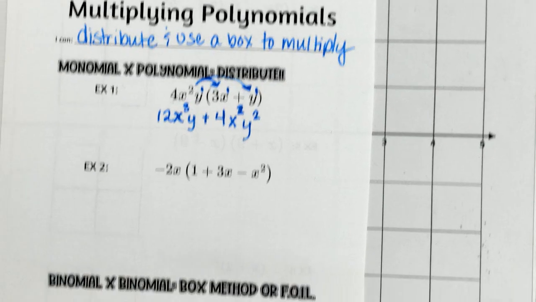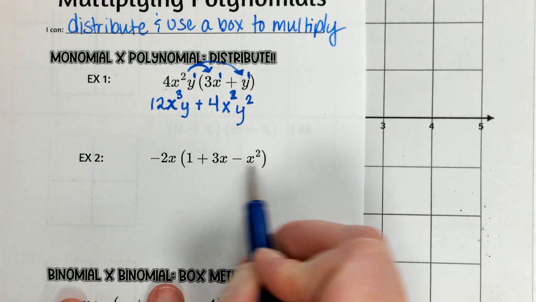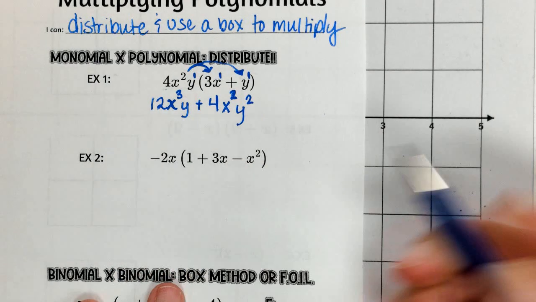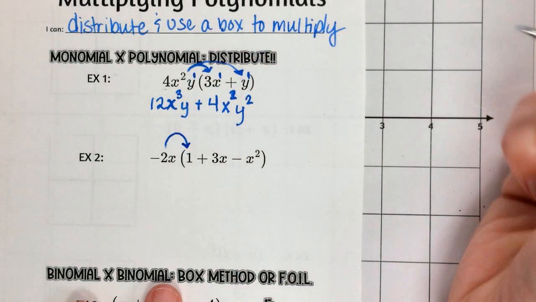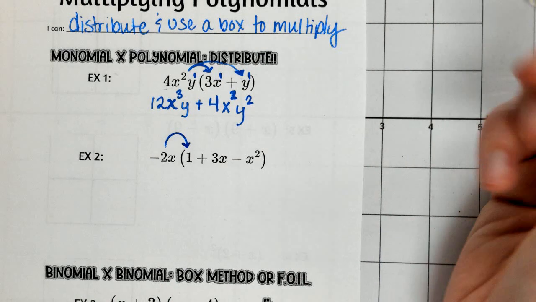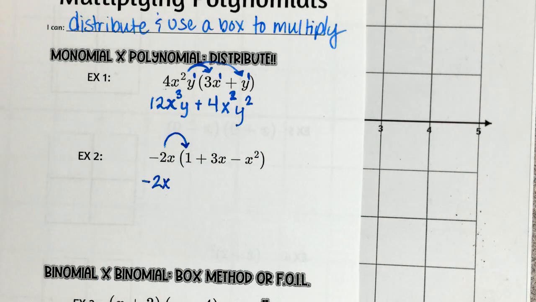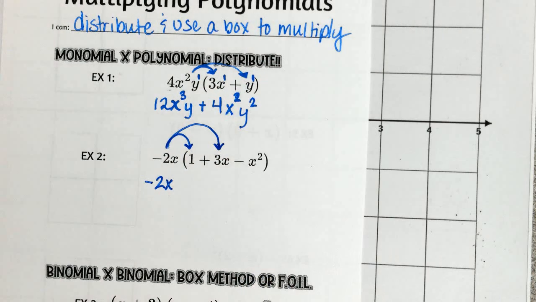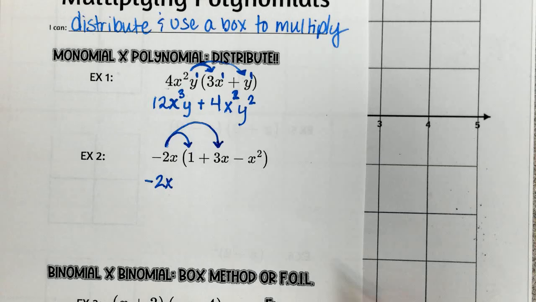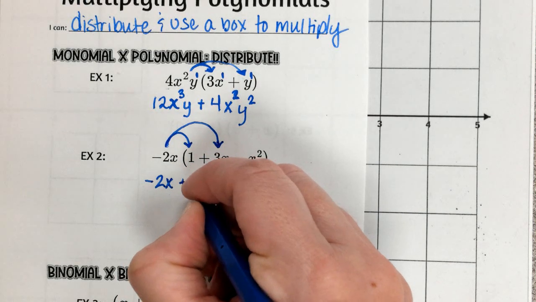Let's try example 2. So I have negative 2x times everything in this polynomial, trinomial really, right? So we're going to take negative 2x times 1. Well, not just negative 2x. How about negative 2x times 3x? Well, negative 2 times 3 is 6, right?